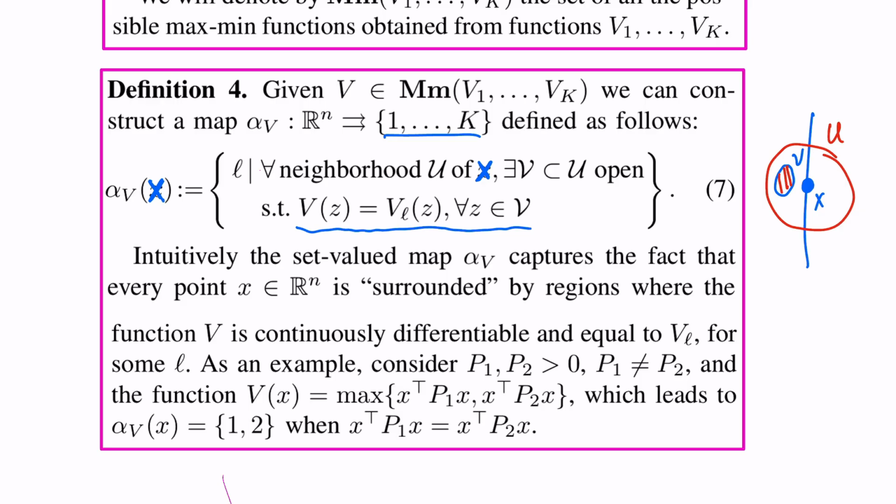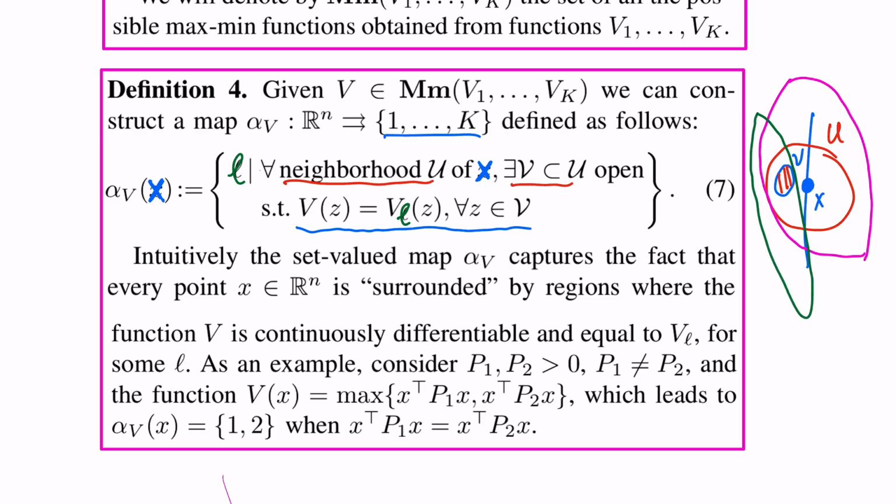So you have this neighborhood, and then you have an open subset, such that we have this L. Actually, now that I think about it, let's say V1, this place is, for example, where V1 is defined, and in this other place we have V2.